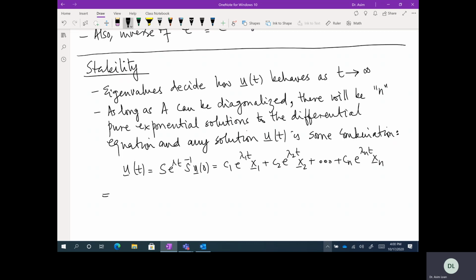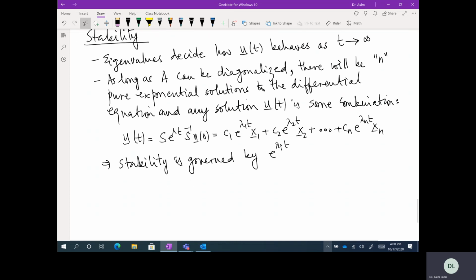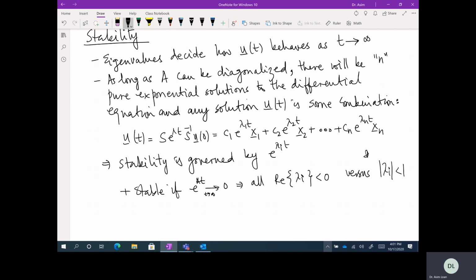So this implies stability is governed by e^(λi t). So stable if e^(At) tends to 0 as t tends to infinity, which implies all real parts of λi are less than 0. So we are actually in the left half plane, if you can look at that. Versus |λi| less than 1, so this is for the difference equation case.